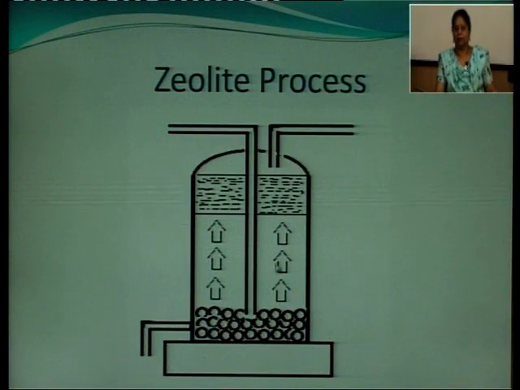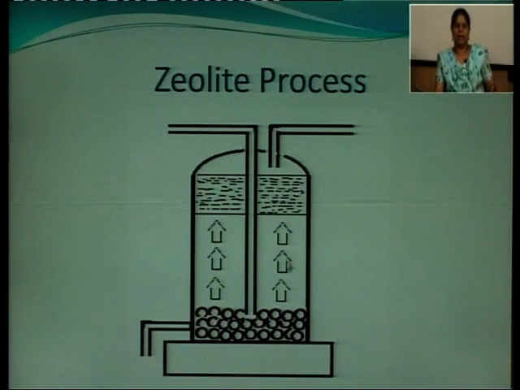When the water rises up through this layer, the calcium and the magnesium ions which are responsible for hardness of water are exchanged with the sodium of sodium zeolite, and the softened water that is collected over here can be removed through this vessel by having a tap over here.